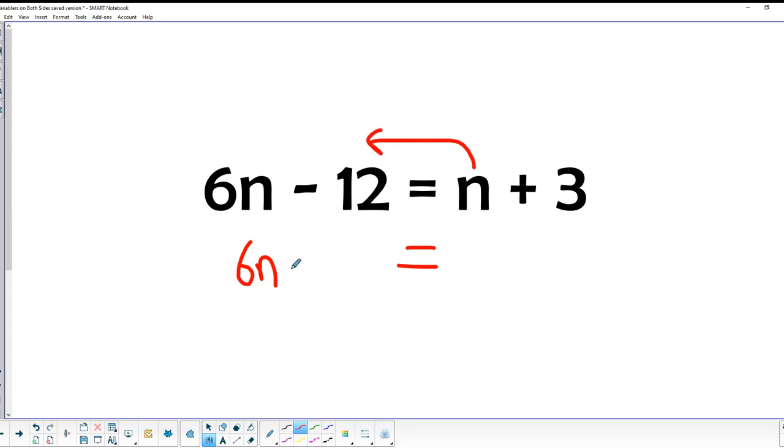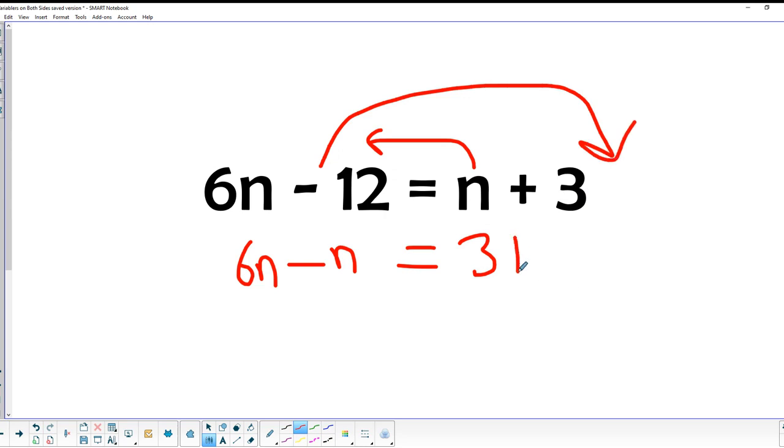Since it's positive here, it becomes subtract 1n on this side. We still have 3 on the right side, and negative 12 is going to jump to the other side to collect with the 3. So we're collecting the like terms. 6n minus n is 5n, and 3 plus 12 is 15.